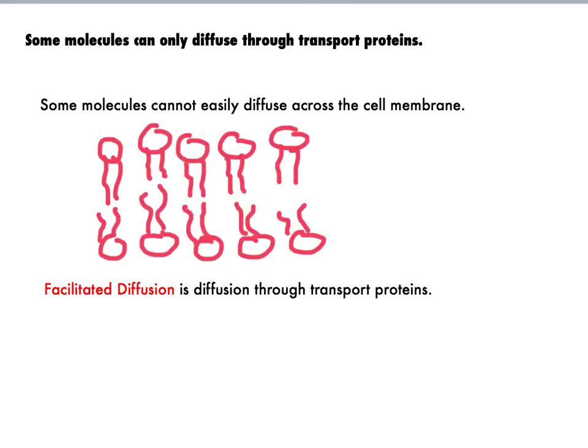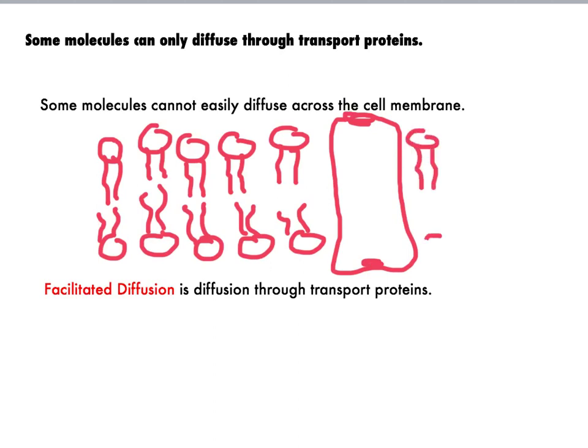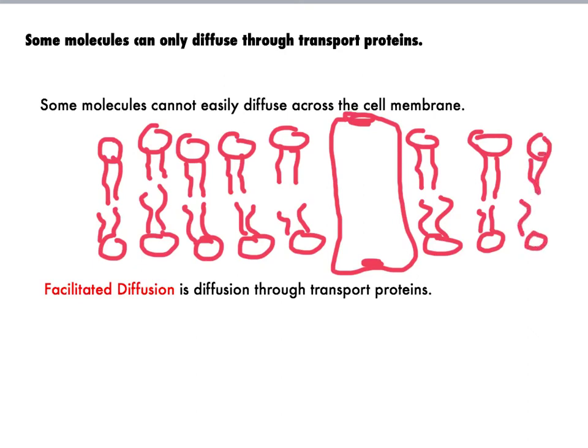And then every so often you've got a large transmembrane or across the membrane protein, and that acts like a pore. Now if it's something like water, it's going to be an aquaporin, which allows water to go through, and the shape of that protein, the hole in it, is specific for water molecules, and it will just allow water to go through. There's other proteins, some of them have to be unlocked.